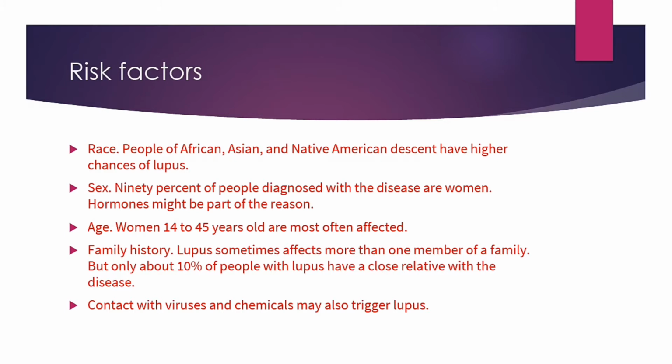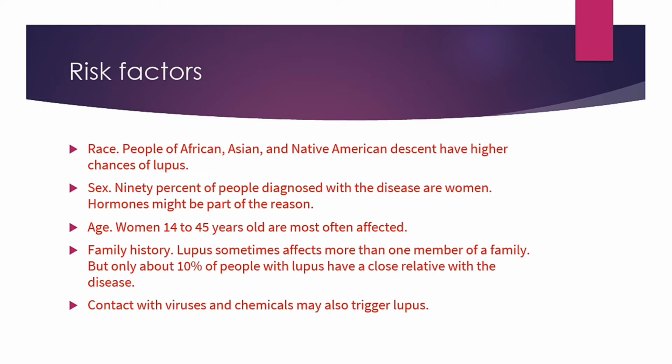Let's see the risk factors. The risk is more common in people of African, Asian, and Native American descent. They have more chance of having SLE. And the chance is of course more in women, as they have the estrogen hormone, which provokes SLE. Also, it is more common at the age of 14 to 45 years.